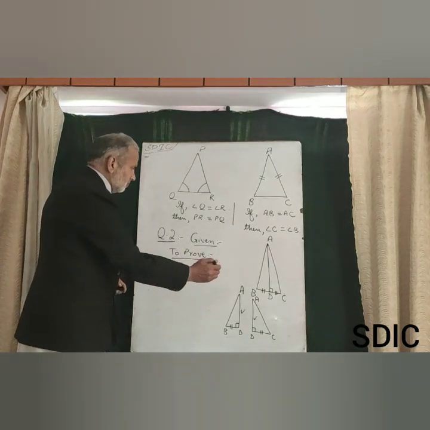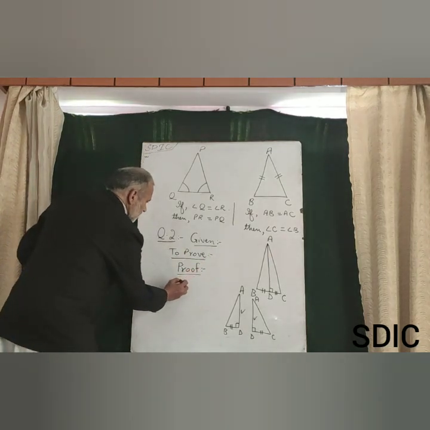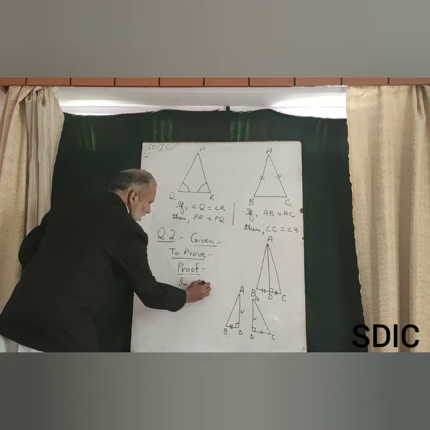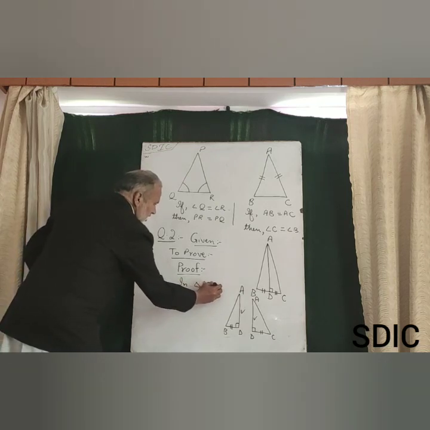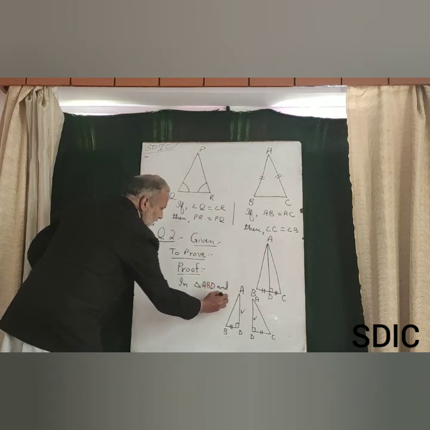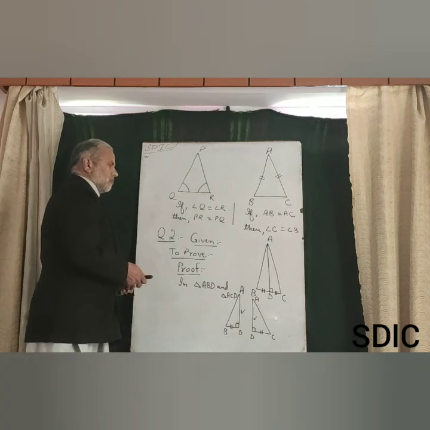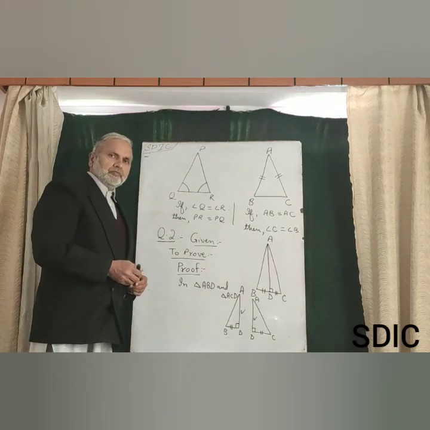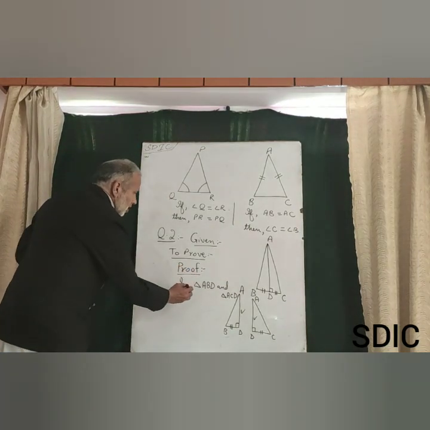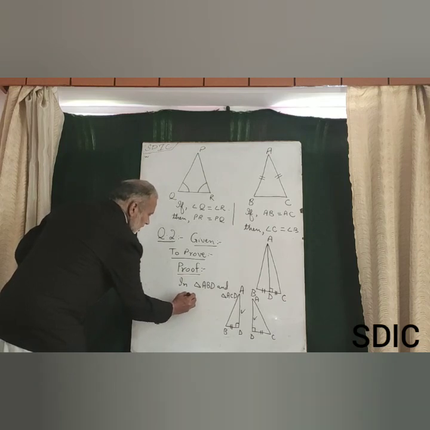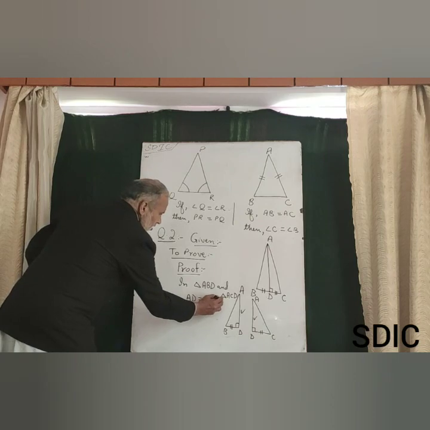You can begin. We'll consider the two triangles. So, note down: in triangle ABD and triangle ACD, we have AD is equal to AD. This is the common side.